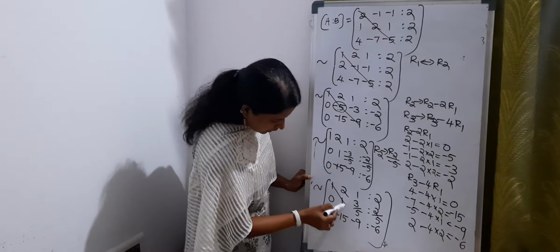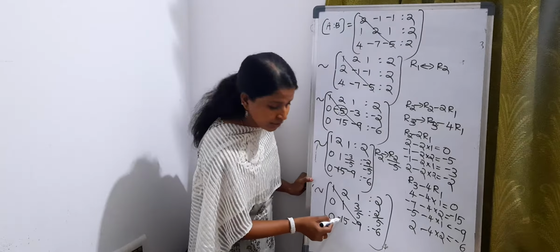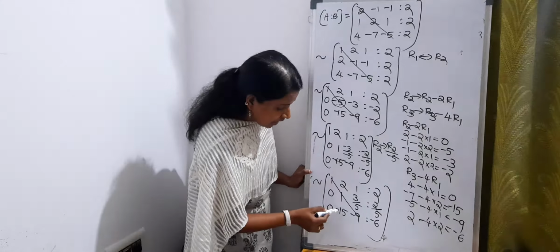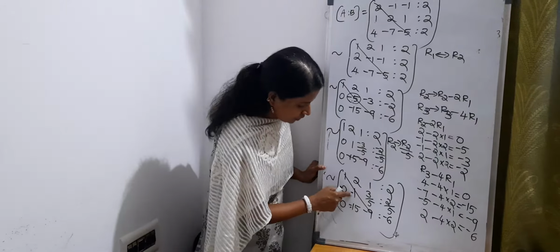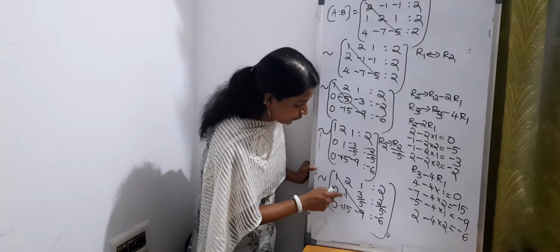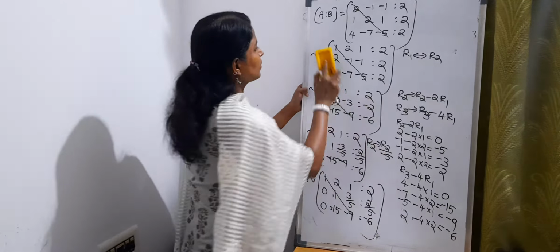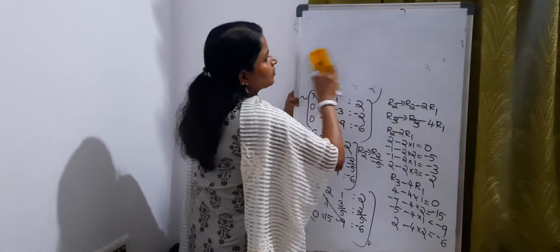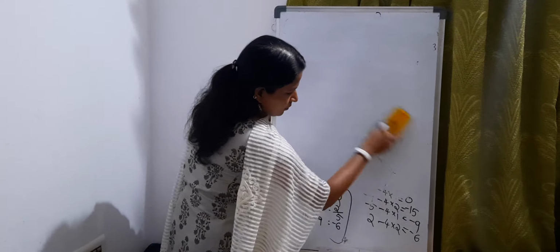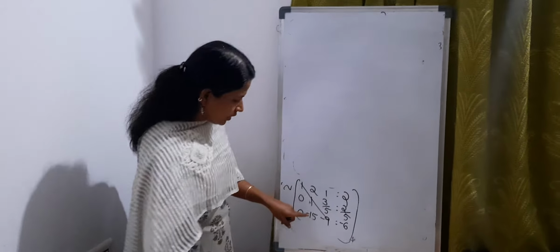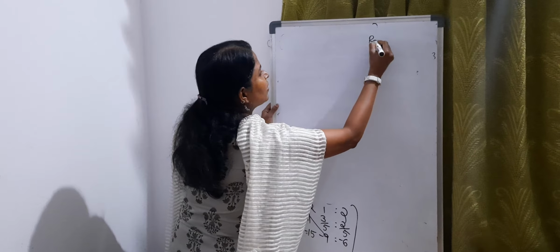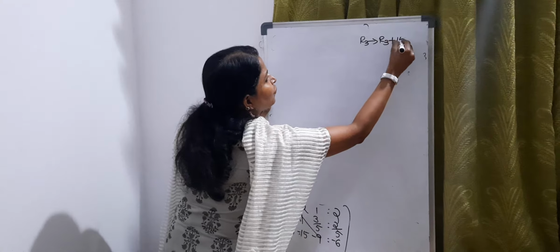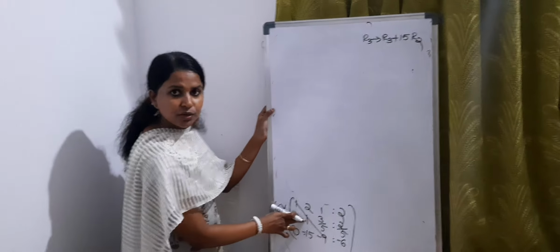Then convert this minus 15 to 0. Minus 15 to 0 means R3 gives R3 plus 15 R2. This is R2, this is R3.